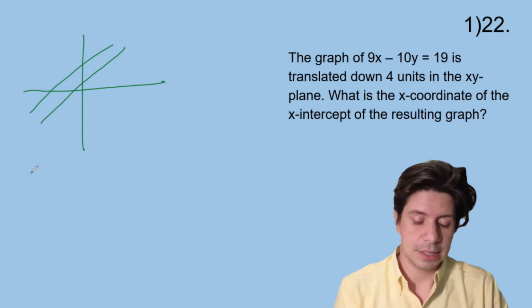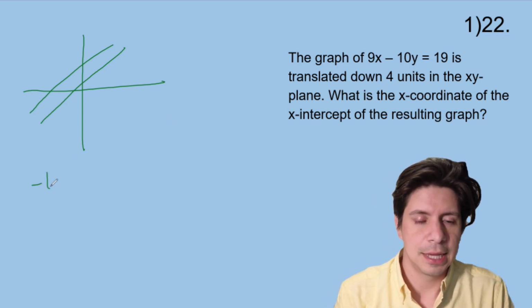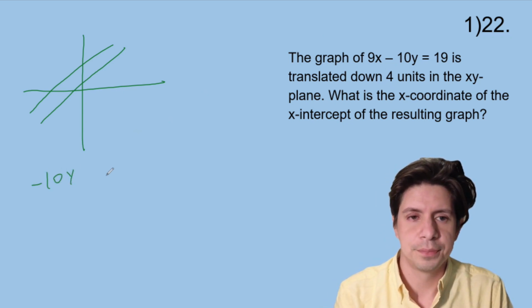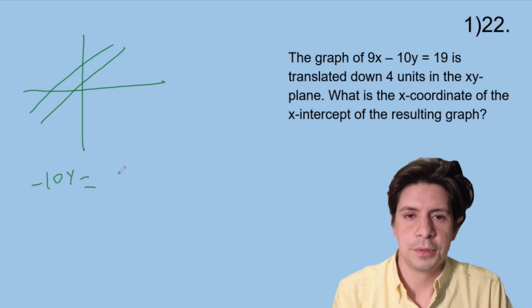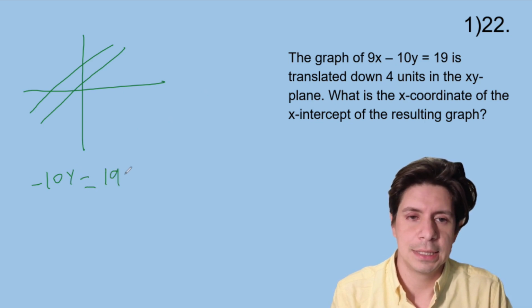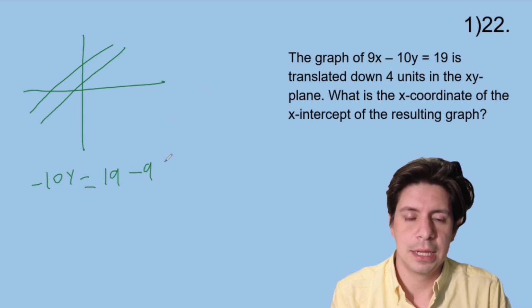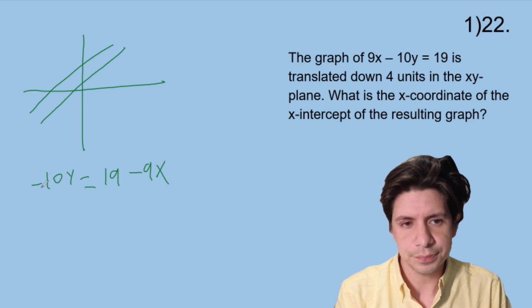So I'm going to subtract 9x and get negative 10y equals 19 minus 9x.